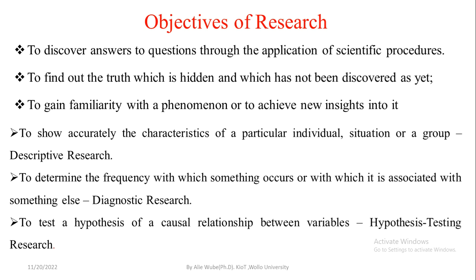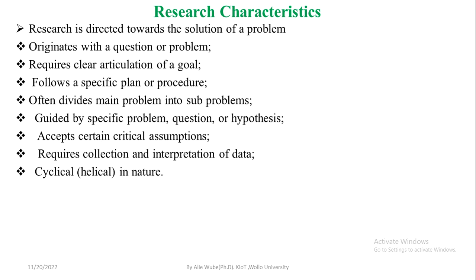The other objective is to determine the frequency with which something occurs, to what extent, and how much it happens. This is the objective of the research. To know these things, we can conduct research.